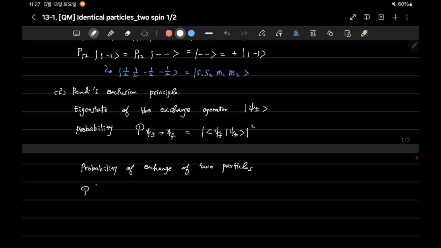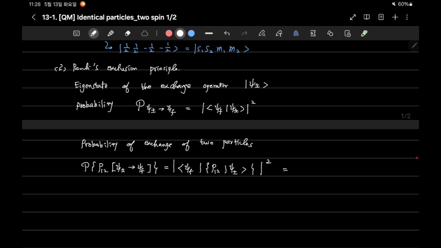The probability of the exchange of two particles applied to the psi eigenstate becoming the final quantum state is the absolute square of psi f and the operator P12 applied to psi plus minus.